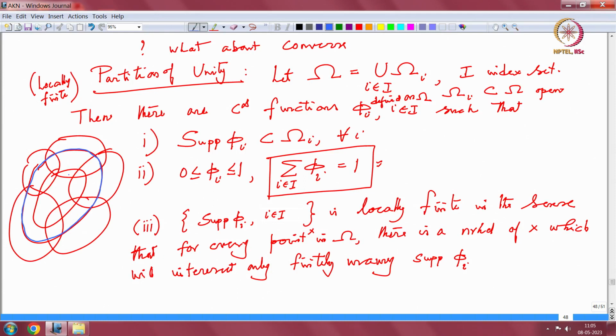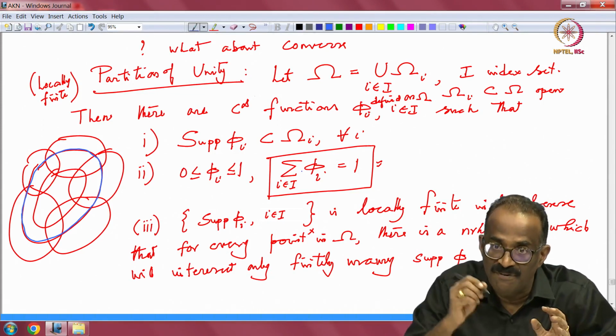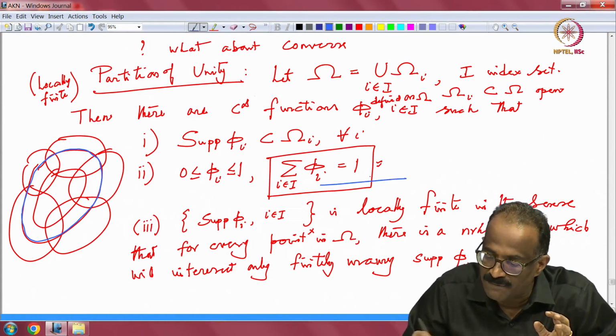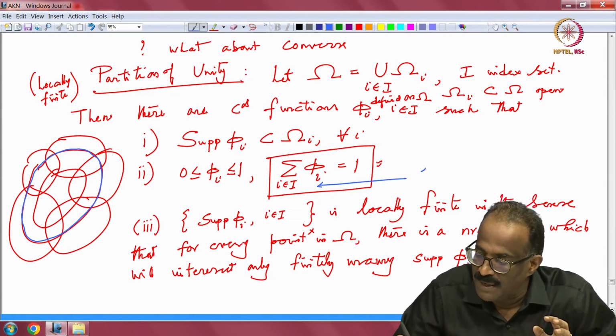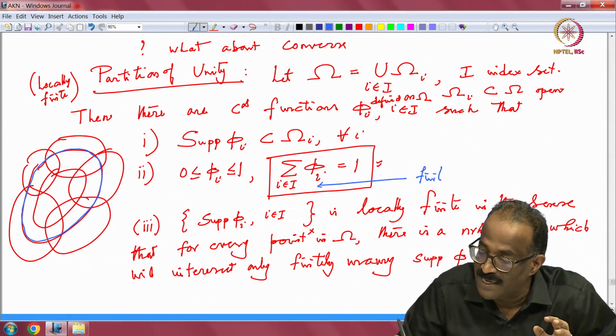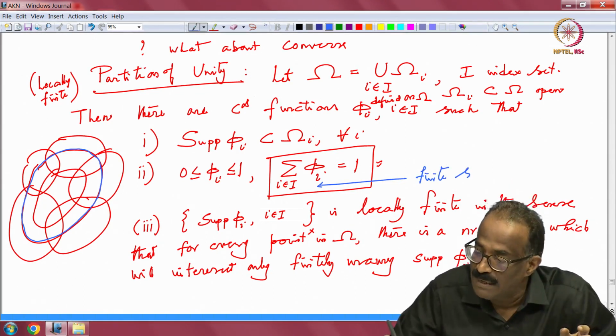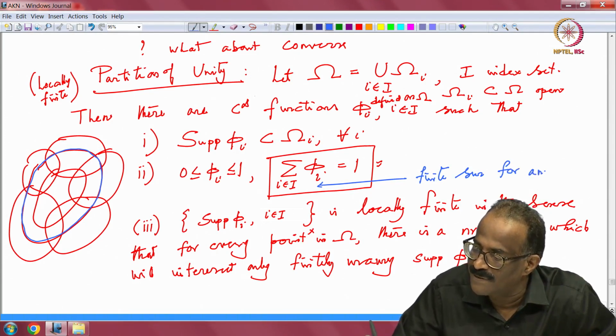Of course, in the picture I cannot show infinitely many, but the support of phi will be on a subset. So you cannot have one support of phi intersecting infinitely many supports of phi. Because of that reason, for every x this will be a finite sum, though the finiteness may change, it is actually a finite sum for any x in Omega.